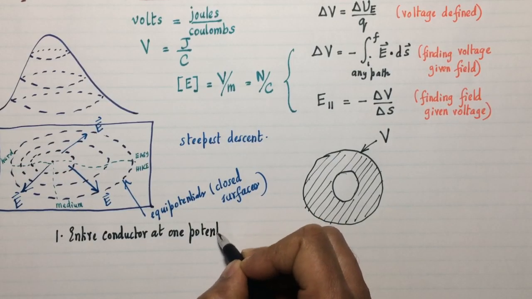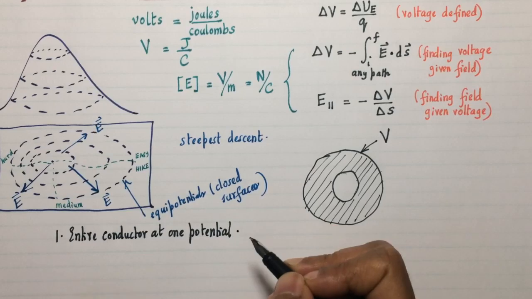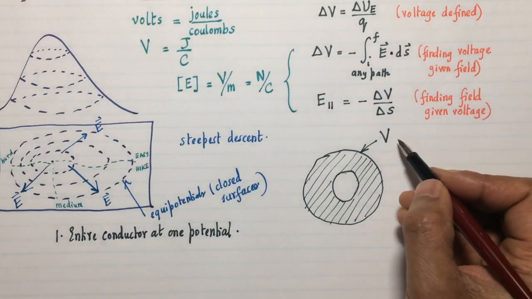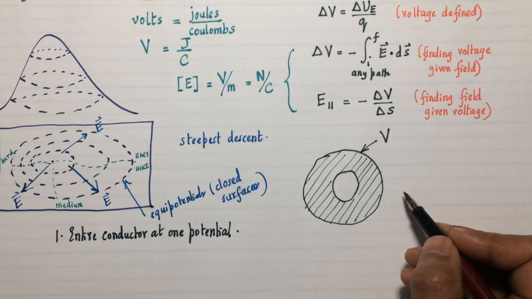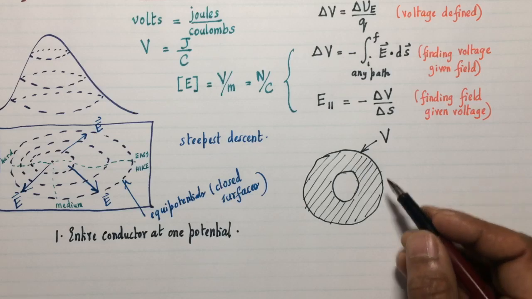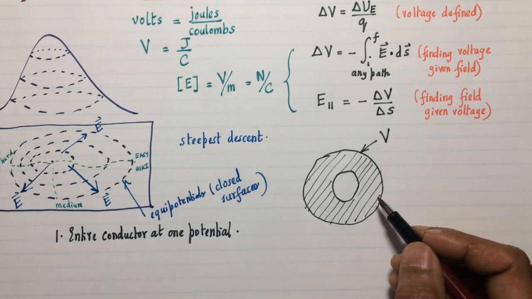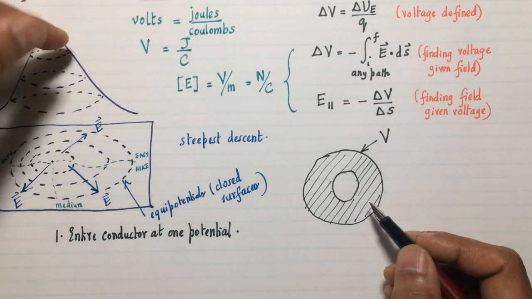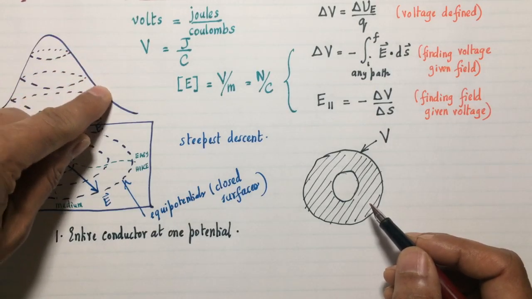The reason for this really has to do with semantics, because if the conductor was not at one potential, if there was a place where the potential is V1 and another place where it's V2 and V1 is less than V2, then the potential energy will also be different in those two places. Now, as you know, nature always prefers a point of lower potential energy. If you leave a ball here, it will come down.